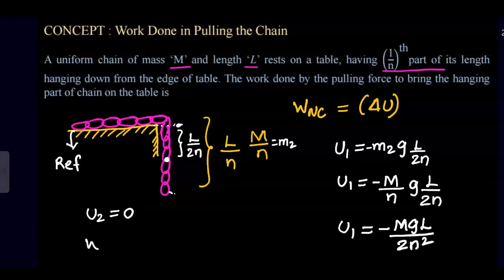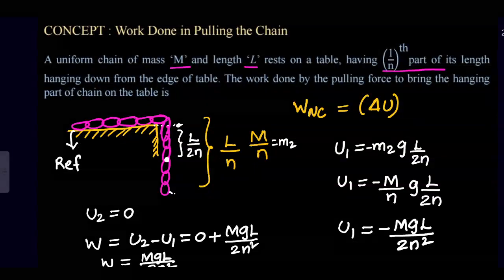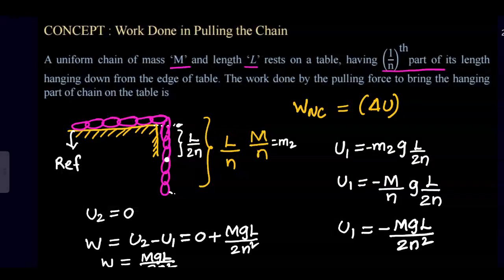Because the entire chain will come on the table, which is the reference line we have taken. So U2 minus U1 is 0 minus minus, that is plus M g L by 2N squared. So the final work done is M g L by 2N squared. Remember this, it is one formula; in such work done cases, we have to use this formula.